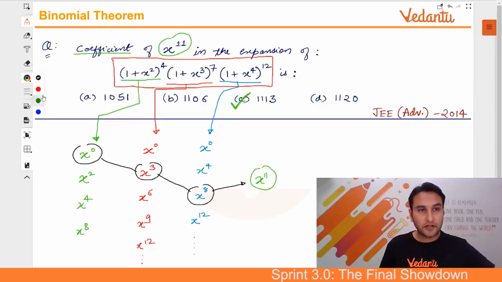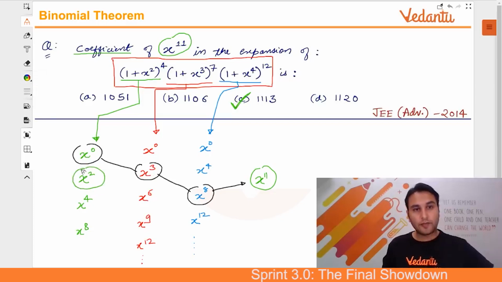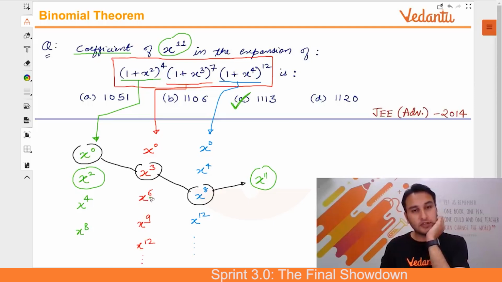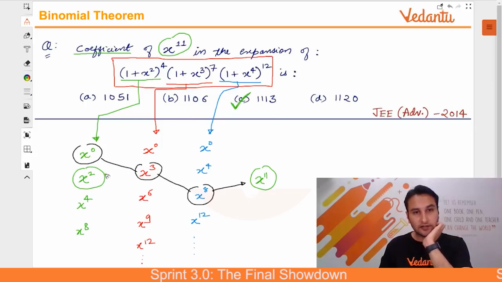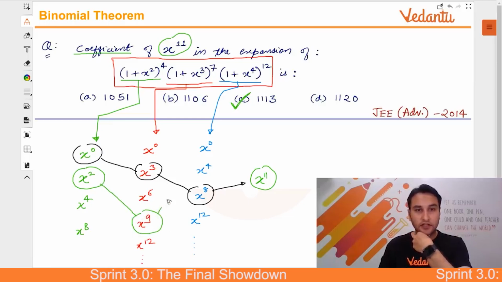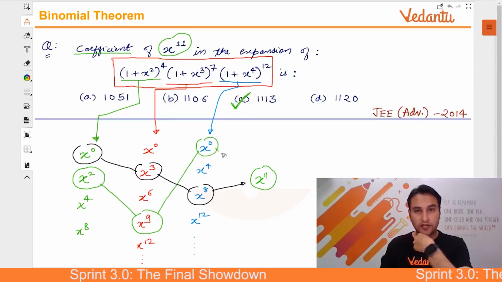Similarly, if I take x to the power 2, what will you need? If I do 2 plus 6, what will it be? 8. 8 plus I want 3. No, there is no 3 here. So if I take x to the power 2 and, say, x to the power 9, 2 plus 9 is 11. Then take 0. It will again give you 11.